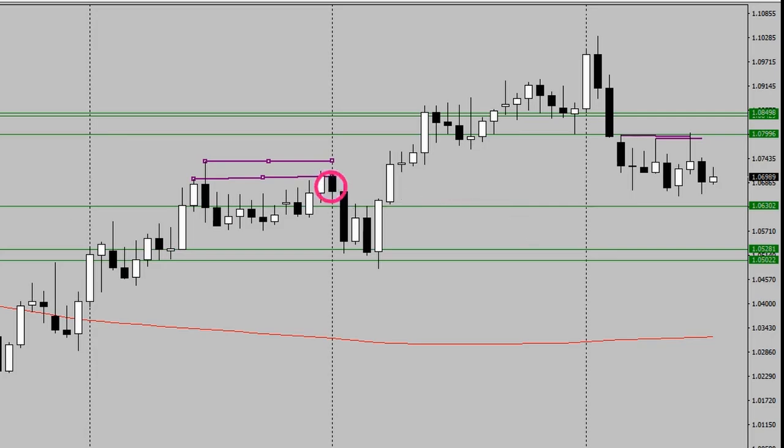So let's place another line or make an extension of this particular line over here. And let's have a look at what we have on a daily chart when we were testing that particular zone.